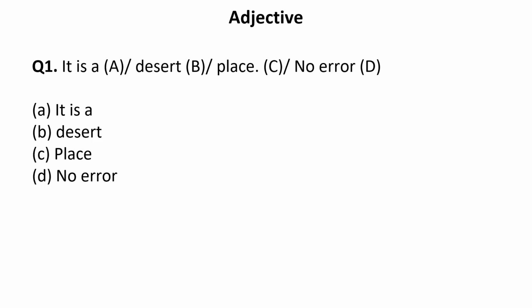So the first question is, it is a desert place. Now for a place, we use the word deserted. This desert is incorrect. We write the word deserted. Deserted refers to a remote area or an area beyond the area where people live.